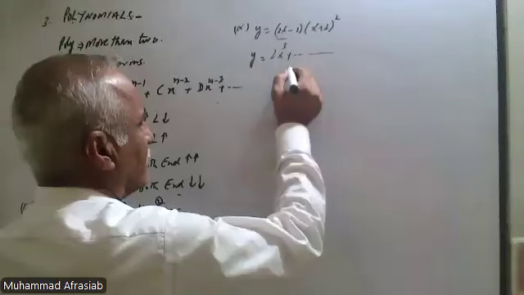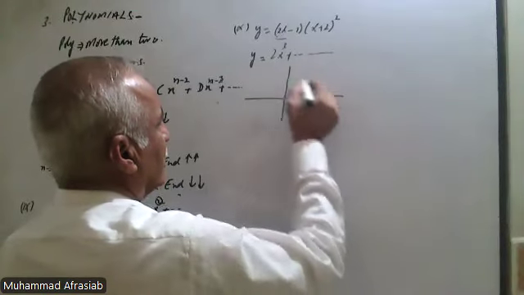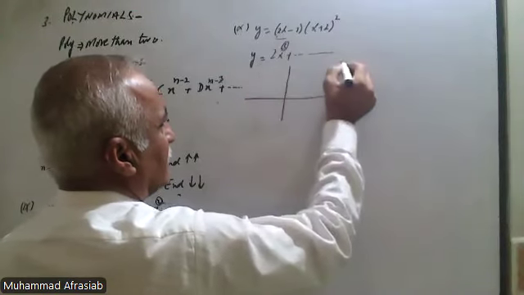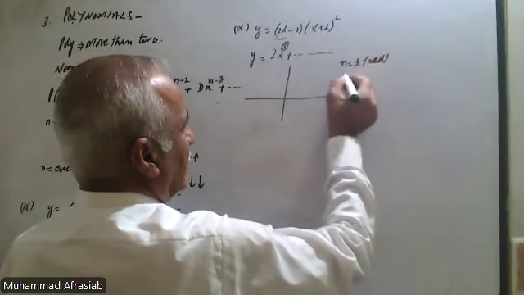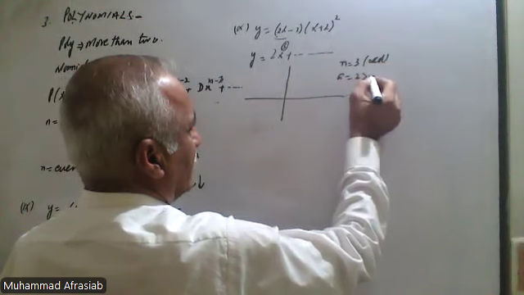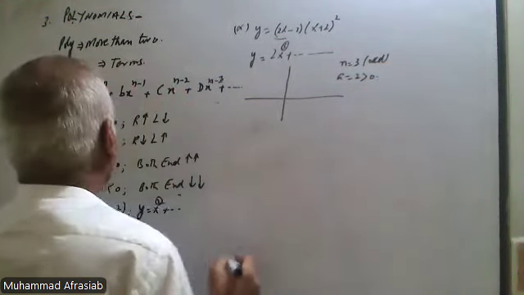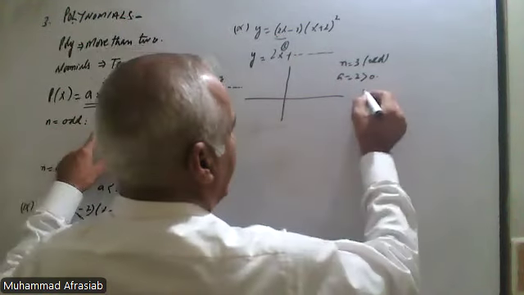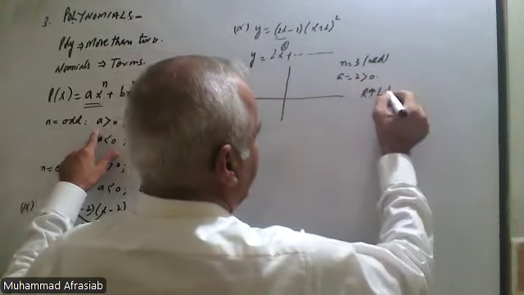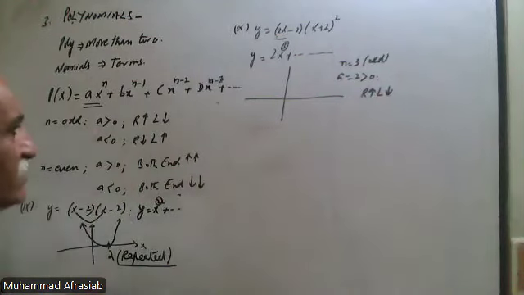Now you see here that the highest power is an odd number, and a is equal to 2, which is greater than 0. So that means if it is an odd number and it is greater than 0, then the right side of this graph will be upward and the left side of this graph will be downward.